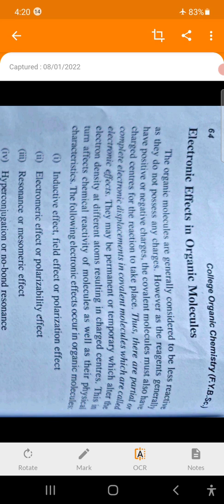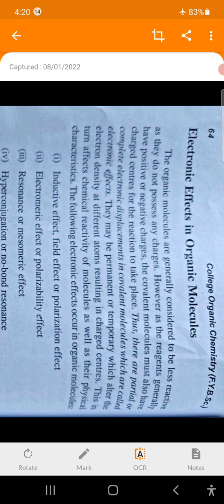Organic molecules are generally considered to be less reactive as they do not possess any charges. But the reagents, if you consider any organic reagent, generally have positive or negative charges. That is, reagents have charged species sometimes that are negative, that is nucleophilic reagents, and positive, that are electrophilic reagents.